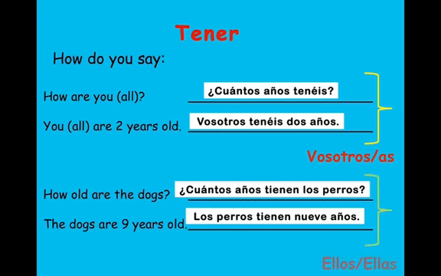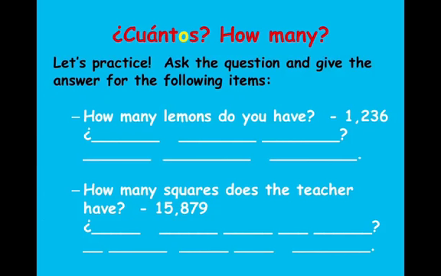So that is ellos or ellas, they. Okay? And for you to start learning these, I recommend doing your little table right beforehand so you can just go ahead and look at the table as you're writing your sentences.